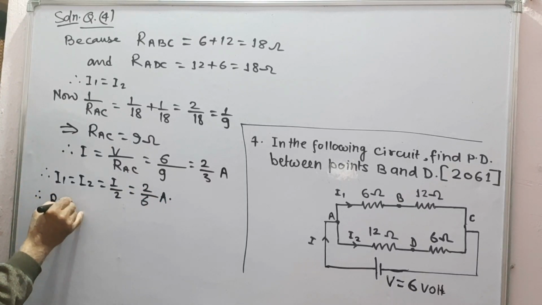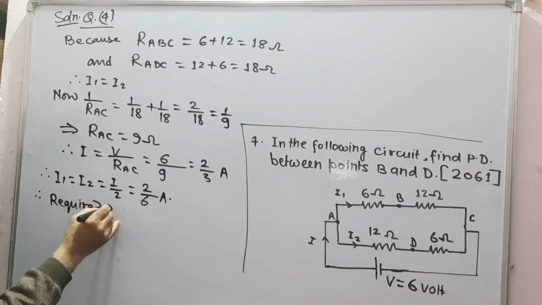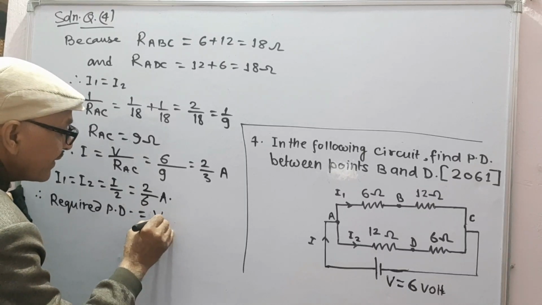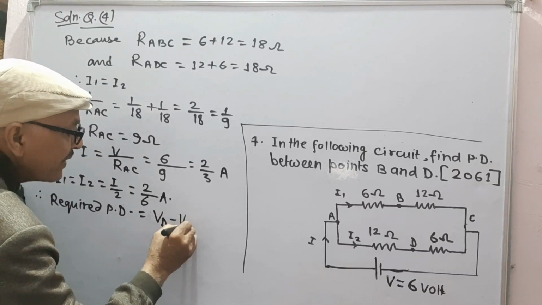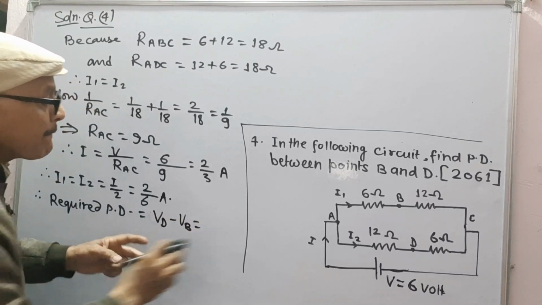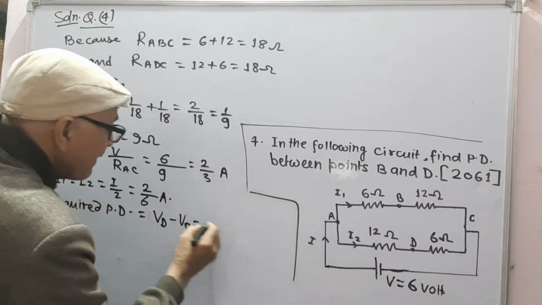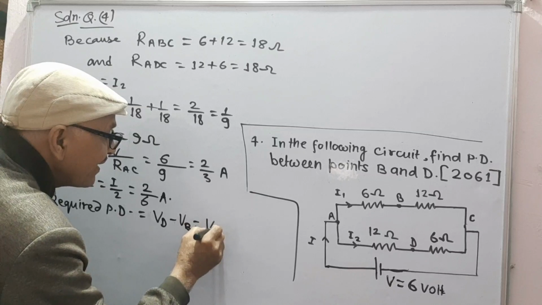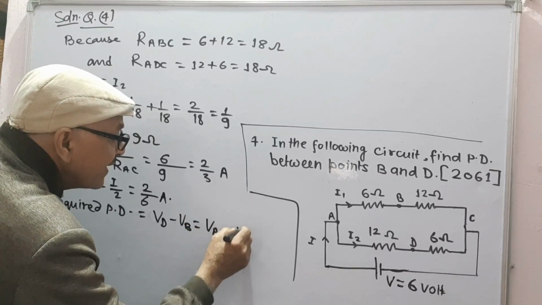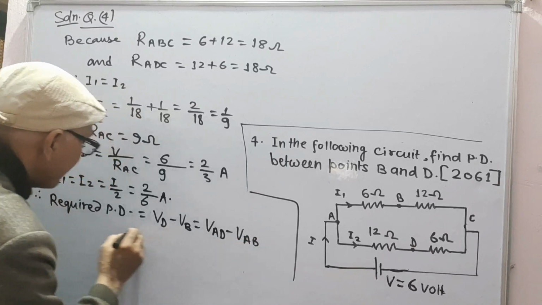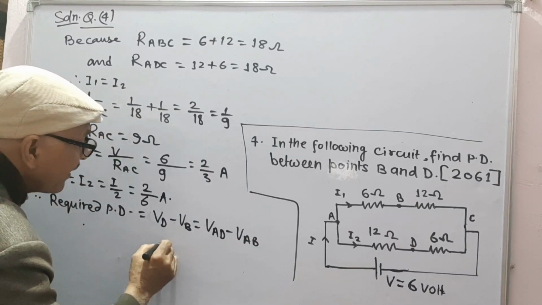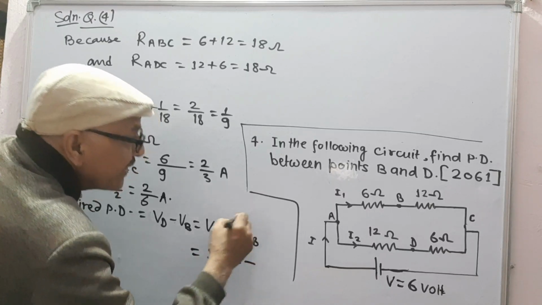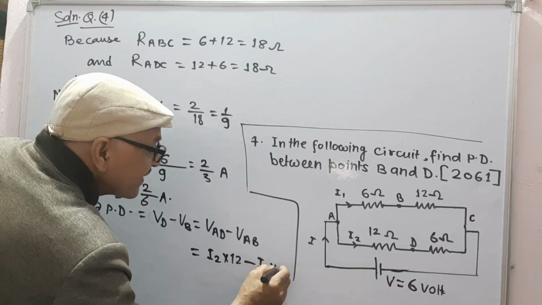Therefore, the required potential difference will be equal to VD minus VB, which may be given as VAD minus VAB, equal to, VAD is I2 into 12 and VAB is I1 into 6.